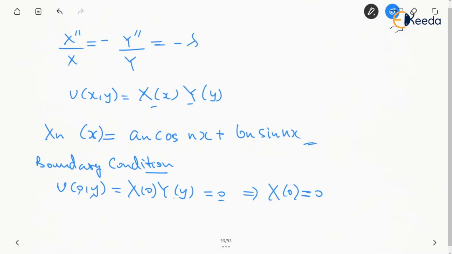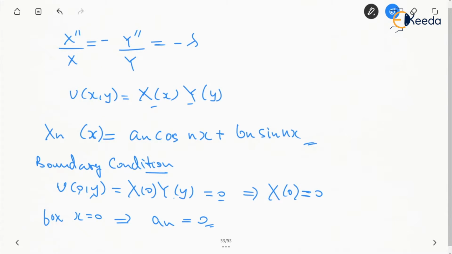If we put it here for x equal to 0, what we can get is a_n cos nx will become 1 and b_n sin nx will become 0. Sin nx becomes 0. So a_n should be equal to 0.